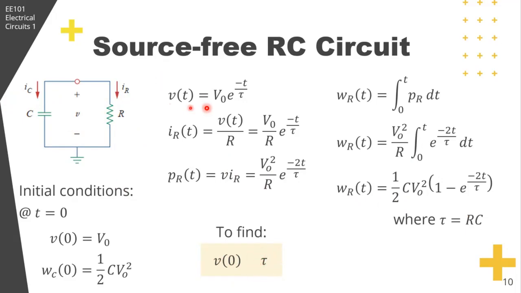Tapos V of t is just equal to V sub 0 e to the negative t over tau. So, substitute na lang diri, makuha na ninyo. Tapos kung makuha na ninyo si V, then ang other circuit variables, si I sa imong resistor, ang power nga gi-dissipate sa imong resistor, ang energy nga na-consume sa imong resistor, makuha na pud ninyo.